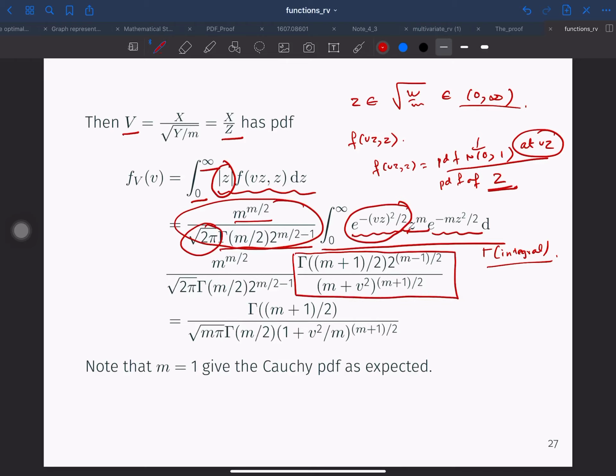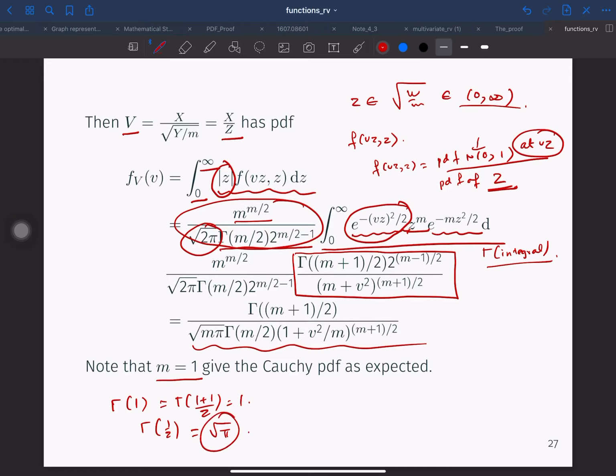After some simplification, you get this formula here. And check that m equal to 1 gives you the Cauchy PDF. That should be easy, because in that case gamma of (1 plus 1) divided by 2 is just 1, and gamma of 1/2 is the square root of pi.